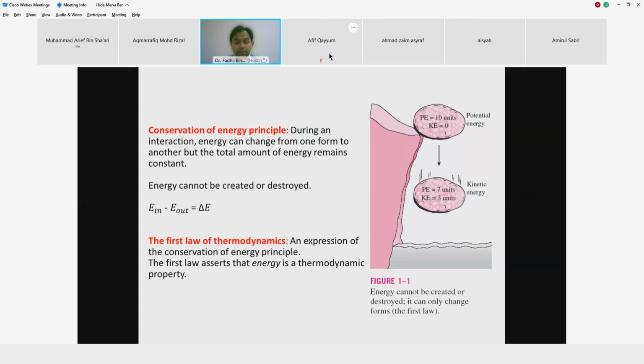Based on the figure, the statement for the first law is an expression of the conservation of energy principle. So energy is conserved. It cannot be destroyed. The first law asserts that energy is a thermodynamic property. Okay, next.